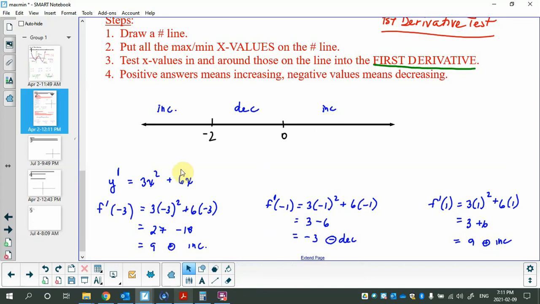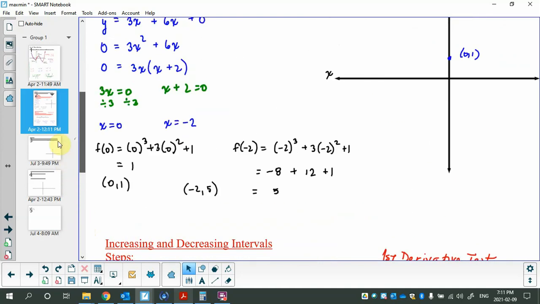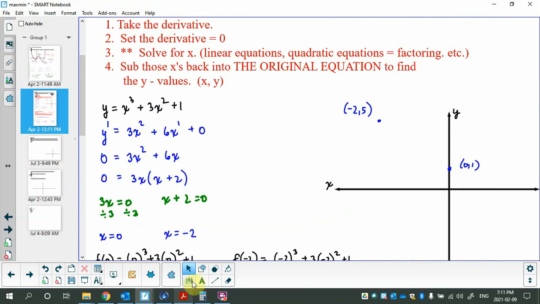So what I have to do is I have to make sure that my picture matches my test. So I have to increase until I hit x equals -2. Then I have to decrease from -2 to 0. Then I have to increase again from 0 till the end. So increase, decrease, increase between these points.